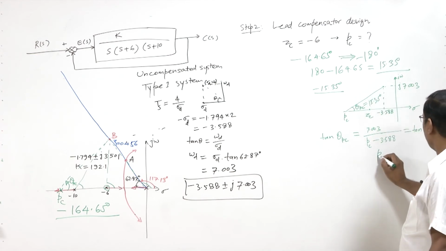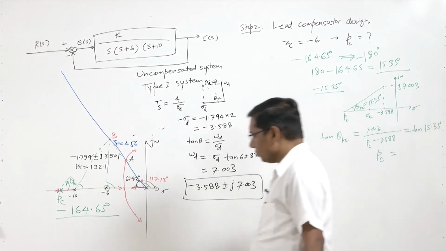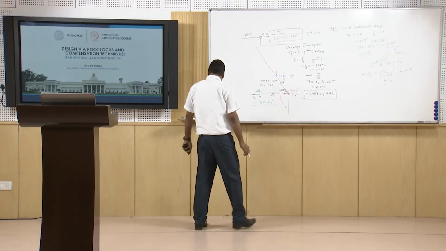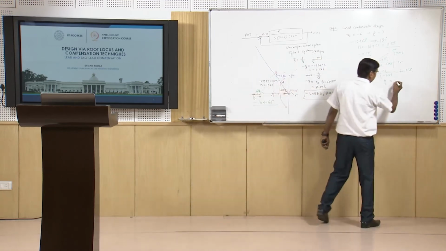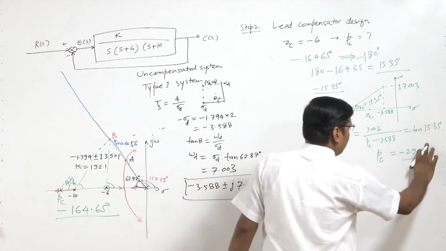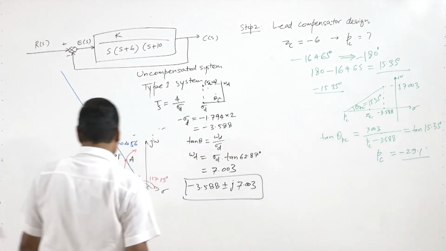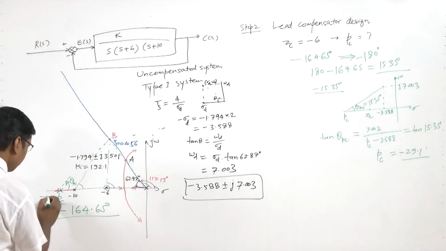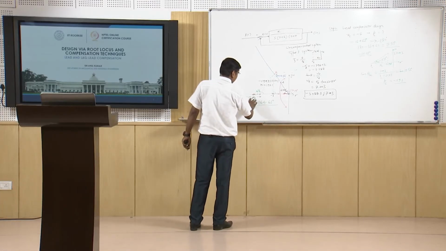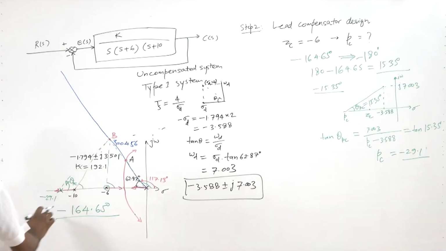So from here we will get PC, and that is minus 29.1. So we are getting this PC at minus 29.1, this third pole, the compensator pole.